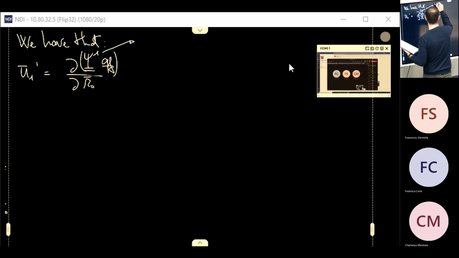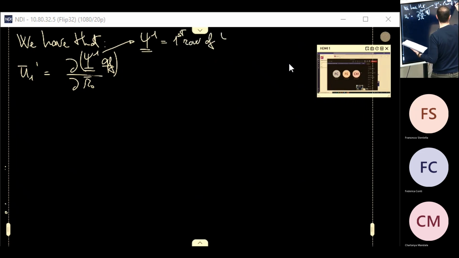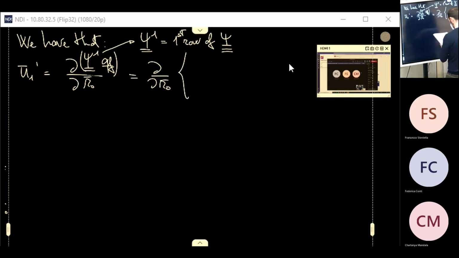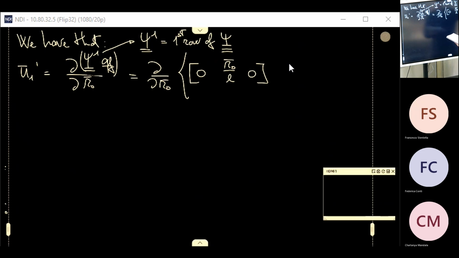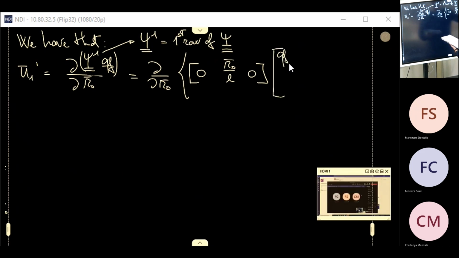So just to be clear, this is the first row of the shape matrix. Meaning that we can write like so. Zero, here we have Xi, so it's R0 over L, and then you have 0, multiplying QF. And QF is QF3, QF4, and QF6.